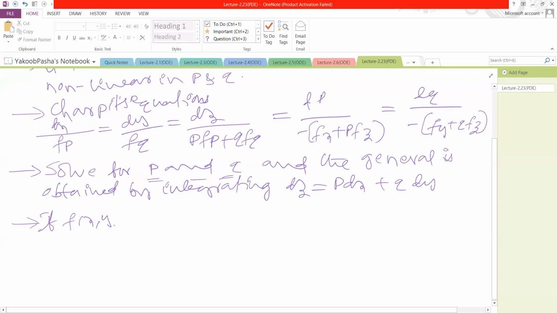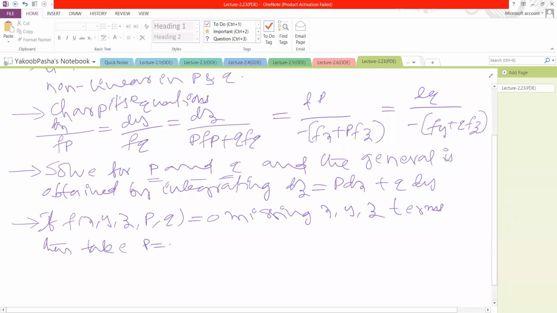Okay. If f(x, y, z, p, q) is missing x, y, z terms, that means it contains p and q only. In this case, we can take p = a and substitute in equation 1.